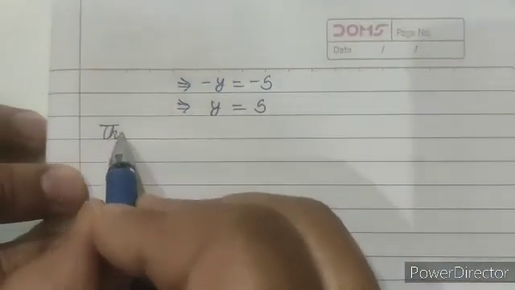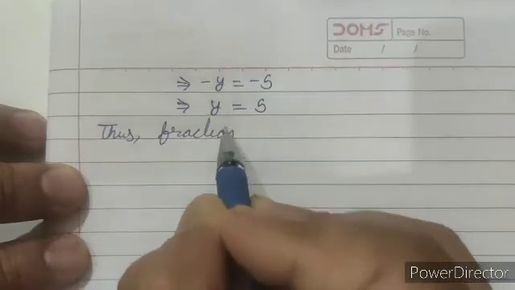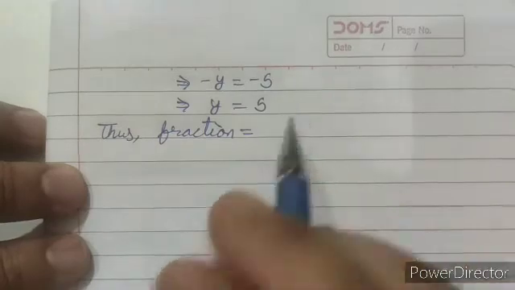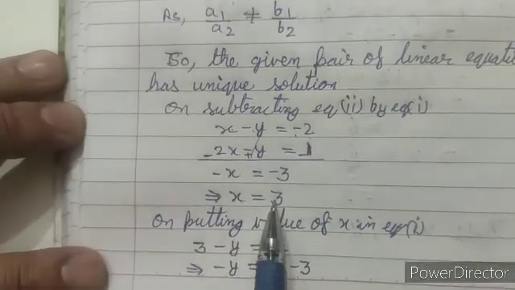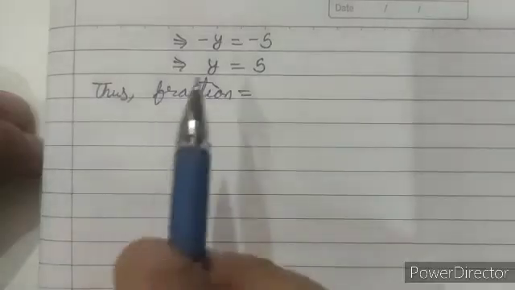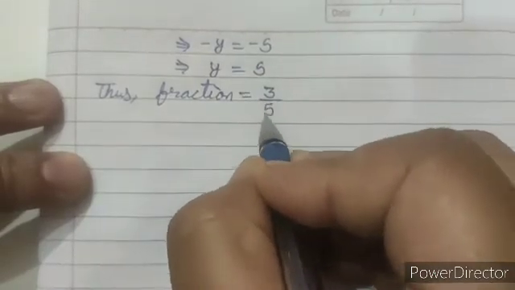Now thus the fraction was x upon y, and the value of x we have obtained is 3 and the value of y is 5, so the fraction will be 3 by 5.